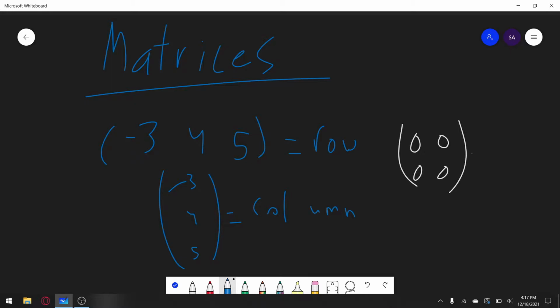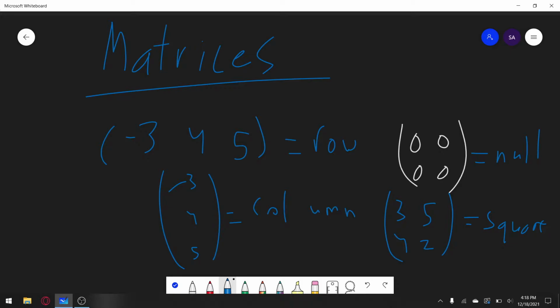And if you have a matrix which has the same number of rows and columns, so let's say 3, 5, 4, 2, that is referred to as a square matrix.